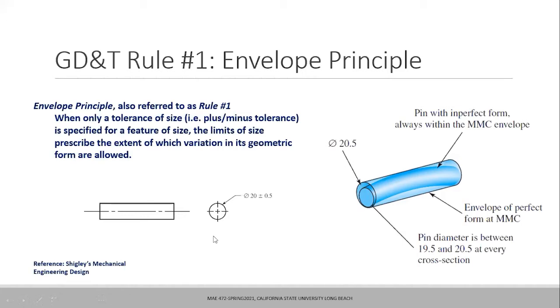You don't need to provide any other GD&T control. You don't need to provide perpendicularity control. You don't need to provide any control on the center axis of this hole or of this circular cross section. You don't need to provide any other GD&T symbol, because if you provide any other symbol, that will increase the cost of the fabricated part. So in the absence of any GD&T symbol, rule number 1 applies, which says perfect form at MMC.